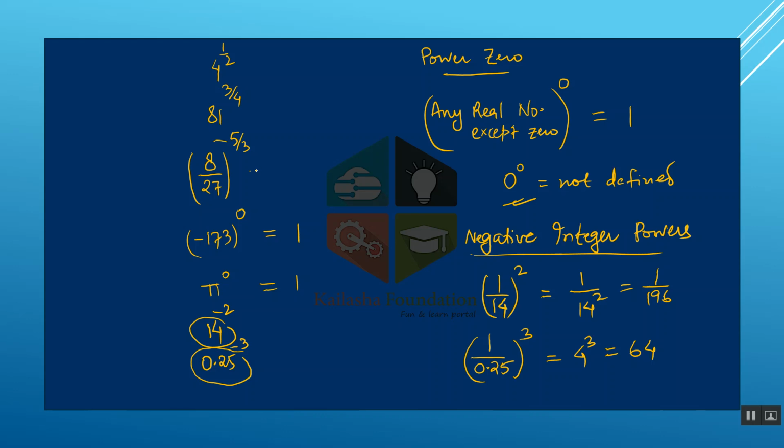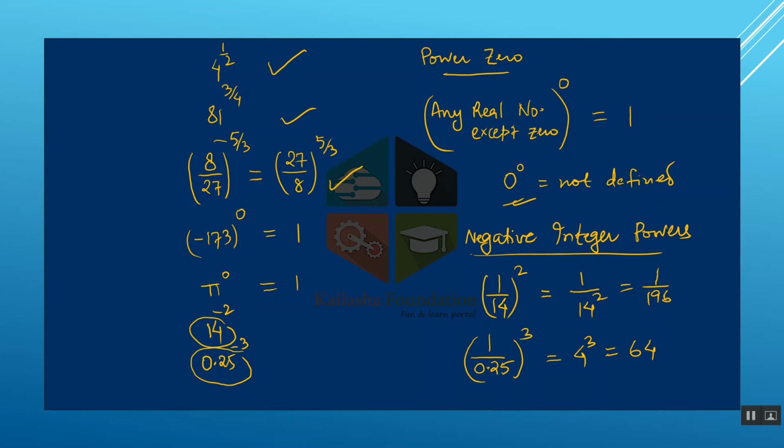Okay. Now this we can also write as the next step, not that we are going to solve it right away. 8 by 27 will be 27 by 8, and the minus sign will be kicked out, it will be 5 by 3. Now we have to solve these three.